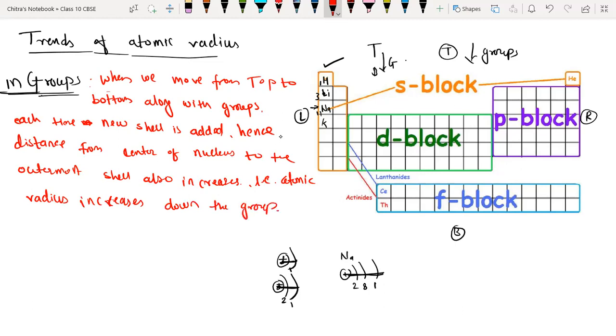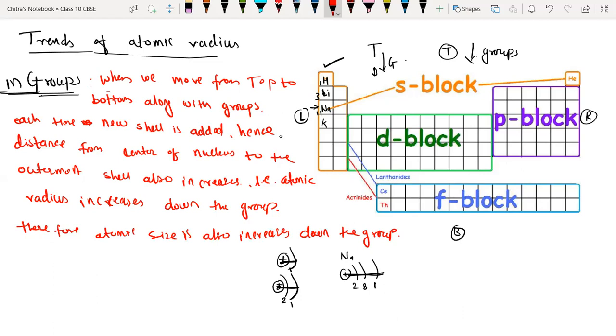Hence, or therefore, atomic size also increases down the group. Understood, everyone? Yes, sir. Easy, no?